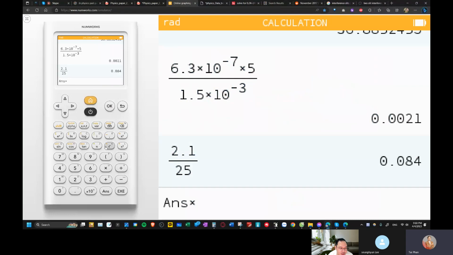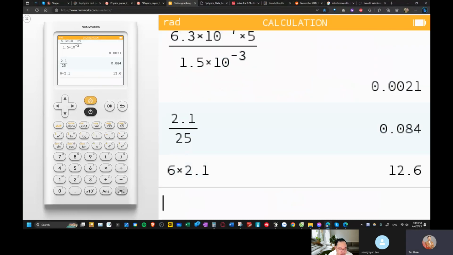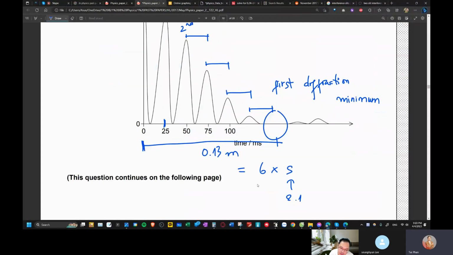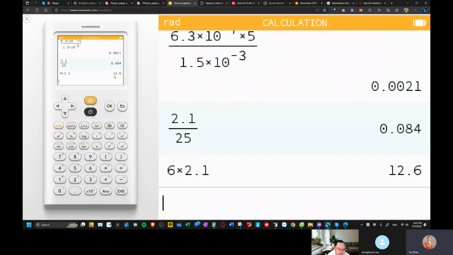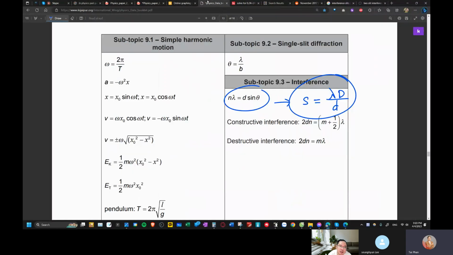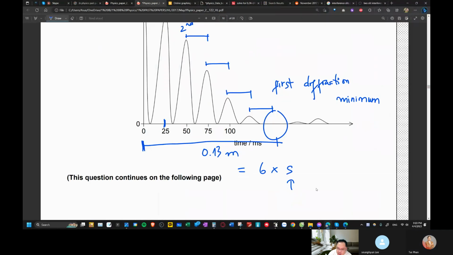S is 2.1. 6 times 2.1 is 12.6. You see, almost 13. 2.1 millimeter multiplied by 6, so basically 12.6, approximately 13 millimeter.